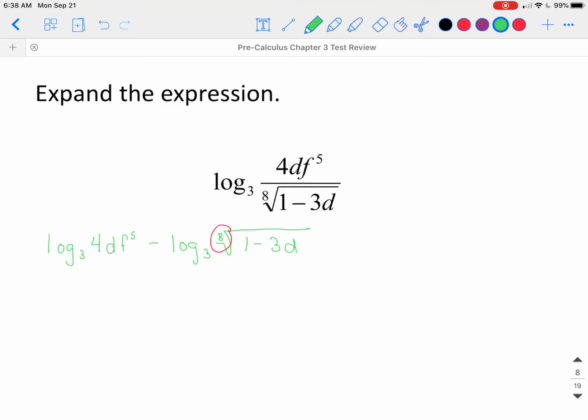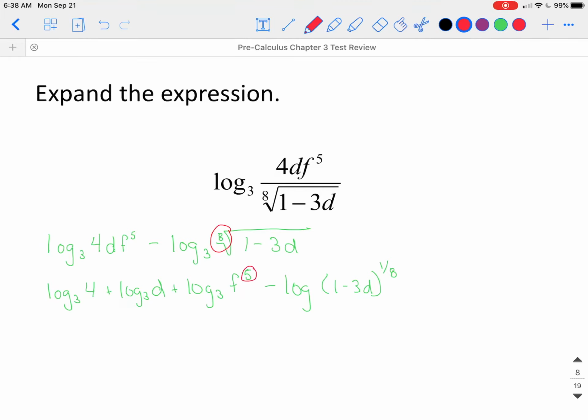We can also expand the multiplication out front, and multiplication expands to addition. So we can say log base 3 of 4 plus log base 3 of d plus log base 3 of f to the 5th. And then again, we're going to change that root into an exponent. The 8th root is the 1/8 power.